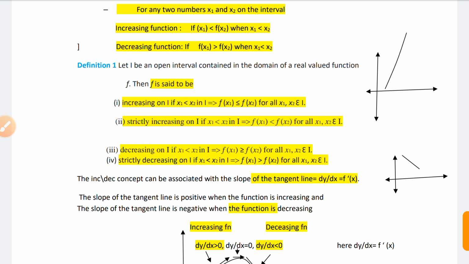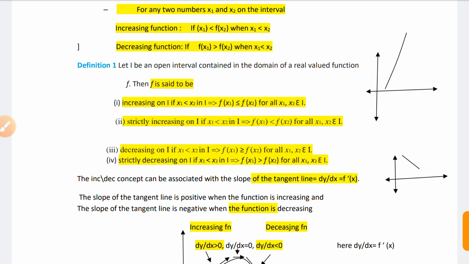Here some values may be equal, but in case of strictly increasing in the interval, if we take x1 less than x2, then f(x1) is always less than f(x2). Here the equal to sign is not there, f(x1) will never be equal to f(x2).